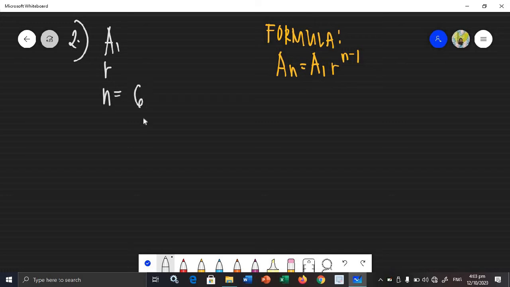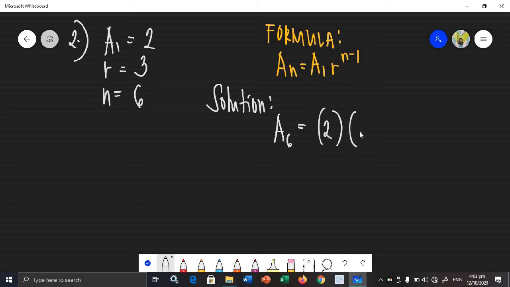So, n is equal to 6. Your first term is 2 and your common ratio is 3. So, using the formula again, we will just substitute everything in the formula. So, a sub 6, the value of a sub 6. A sub 1 is 2. Your r is 3 raised to n, your n is 6 minus 1.